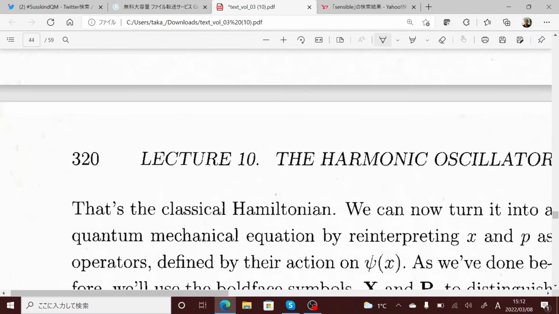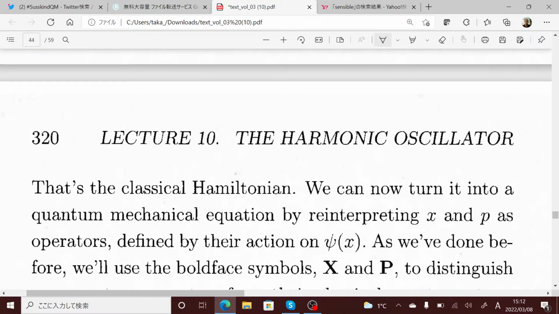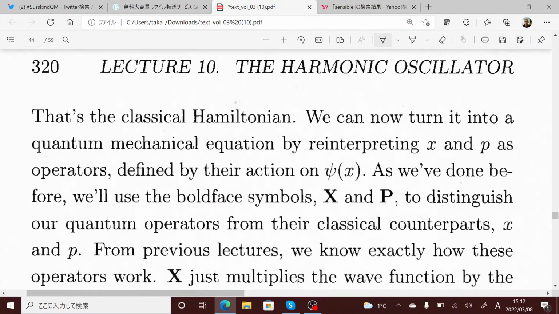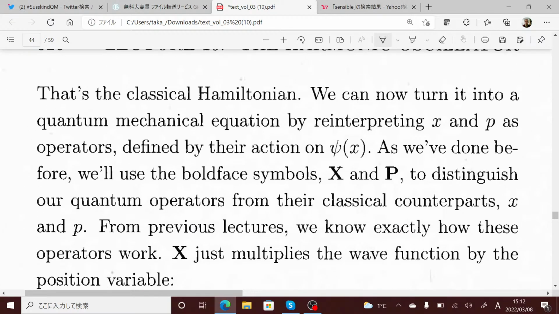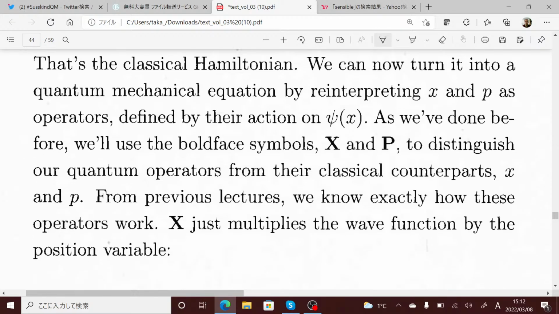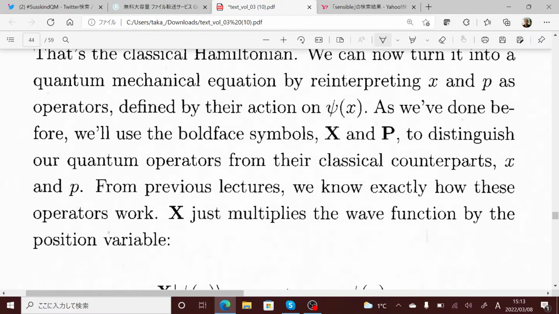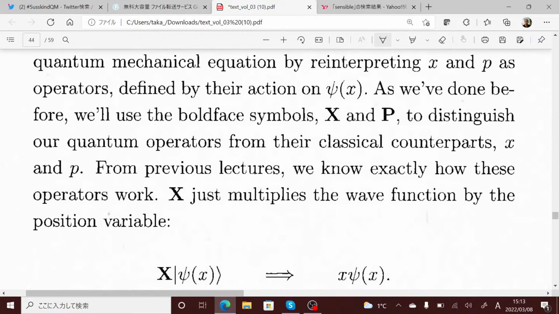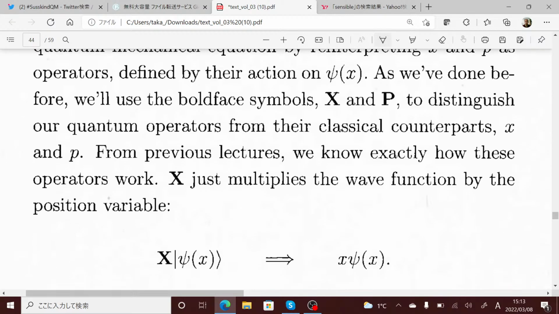Okay, that's the classical Hamiltonian. We can now turn it into a quantum mechanical equation by reinterpreting x and p as operators defined by their action on psi. As we've done before, we will use the boldface symbols x and p to distinguish our quantum mechanical operators from their classical counterparts, x and p.